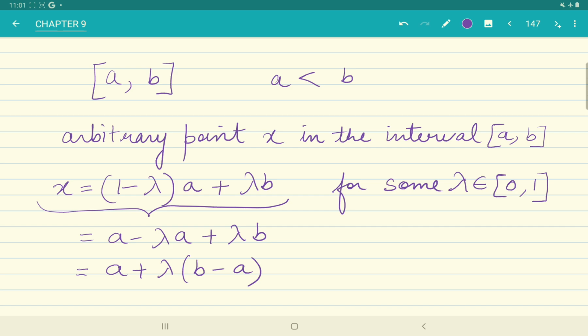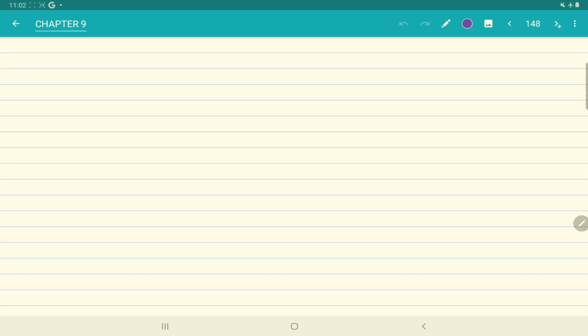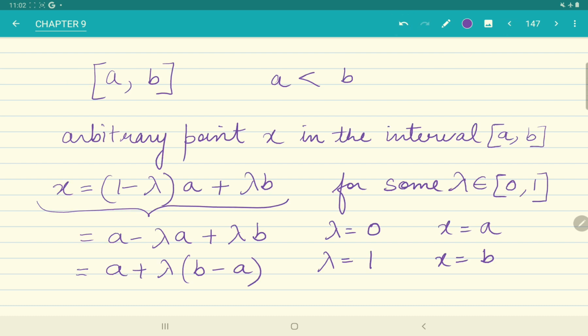And if lambda lies between 0 and 1, then x will move between a and b. As lambda goes from 0 to 1, x goes from a to b. Now, given this, a is less than b.